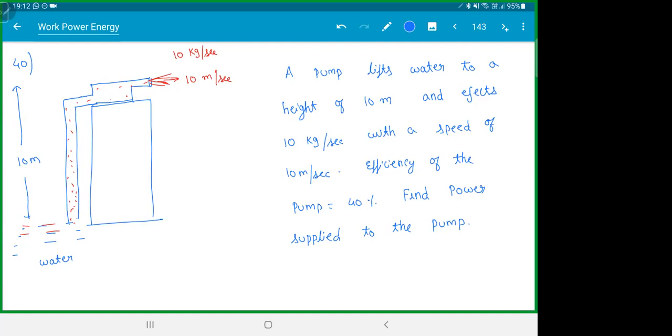The answer starts with 3. Now try. It starts with 3 and ends with W. Right, watts. So try.